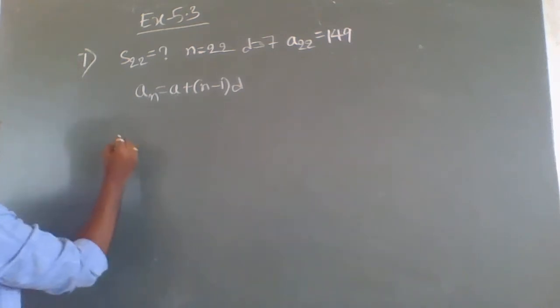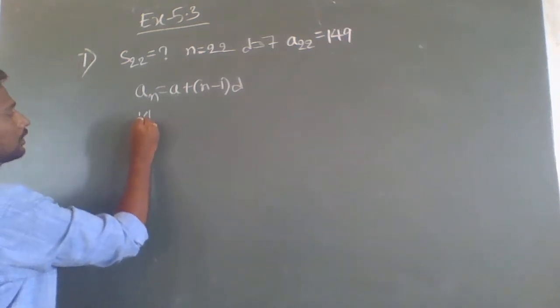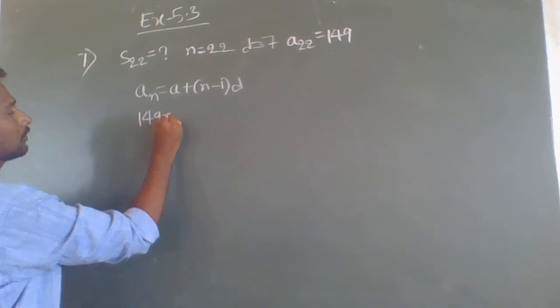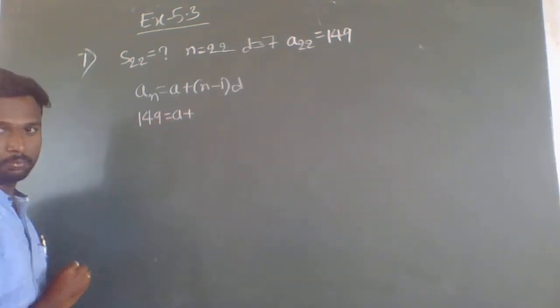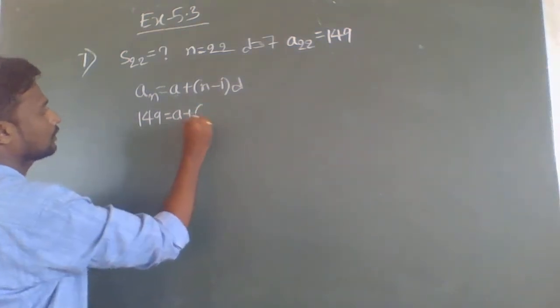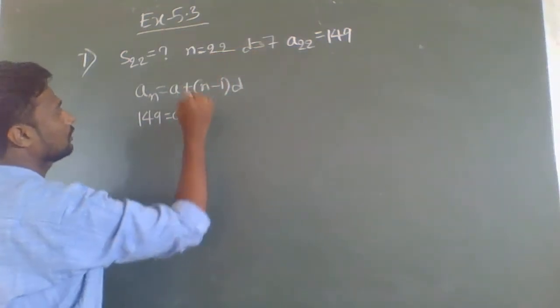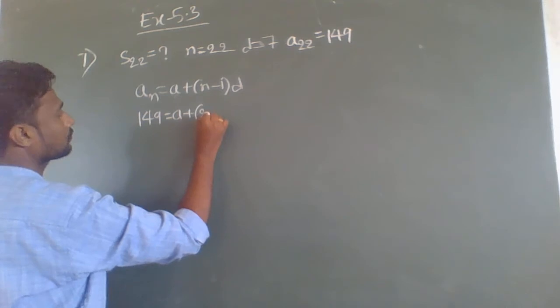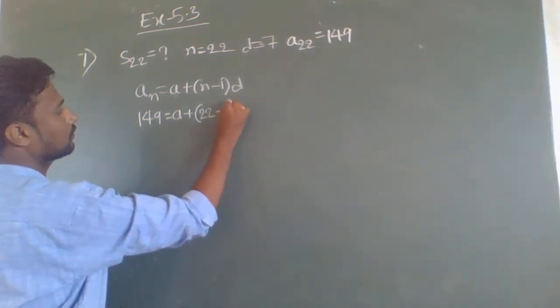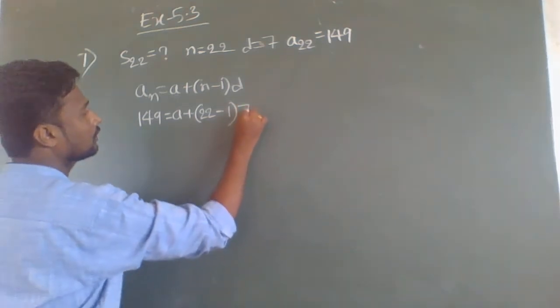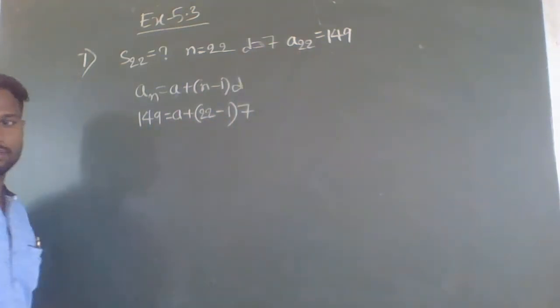So now an is 149 equals a plus n minus 1 into d, where n is 22 and d is 7.